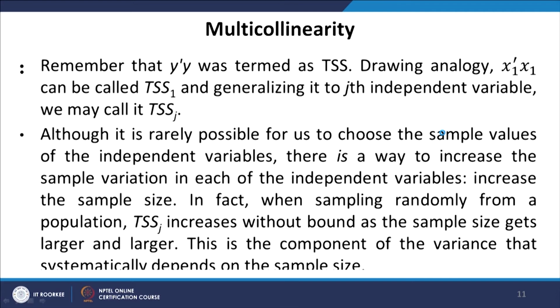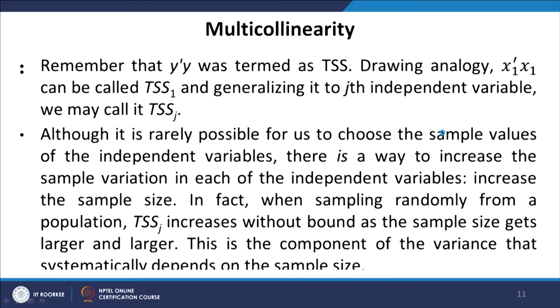Now, remember that y prime y was termed the total sum of squares. Drawing the analogy, x1 prime x1 can be called TSS 1, the total sum of squares when we are regressing x1 on the rest of the independent variables. Generalizing to the jth independent variable, we may call it TSS j.